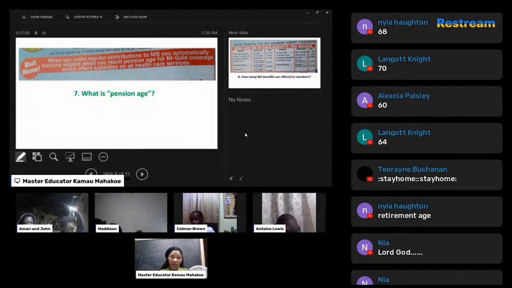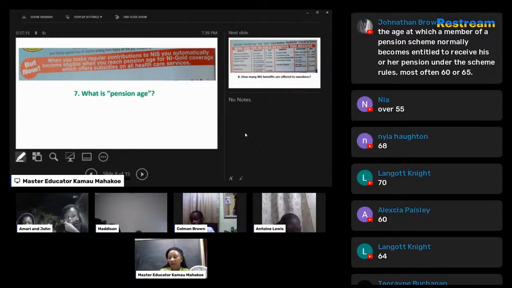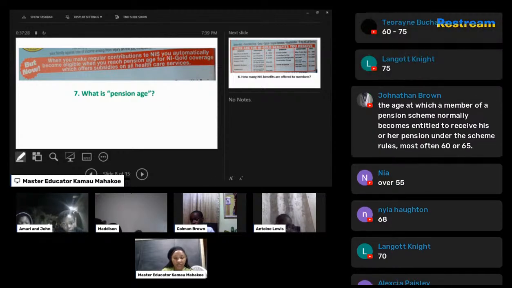Government workers might retire at 60, 65 depending on where you're living, and start receiving their pension. The NIS is saying once you have been a regular contributor, once you reach pension age, you automatically become eligible for the NI Gold coverage.